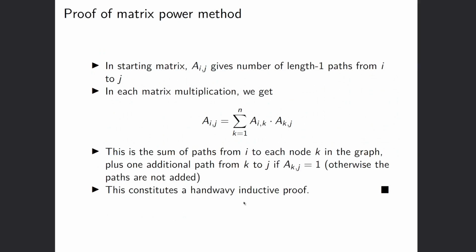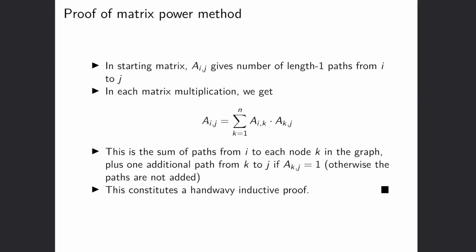So now let's talk about the proof of this method. In the starting matrix, we have exactly the number of length 1 paths from i to j for all i and j, right? So if there's not a path there, then it's 0. And if there is a path there, then it's 1. And each time we do a matrix multiplication, here's what we get, right?